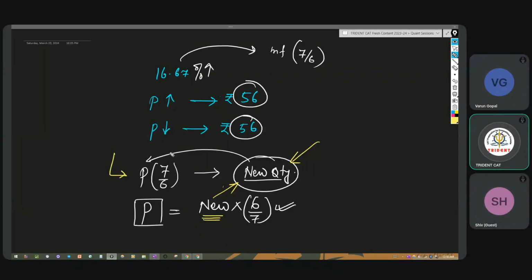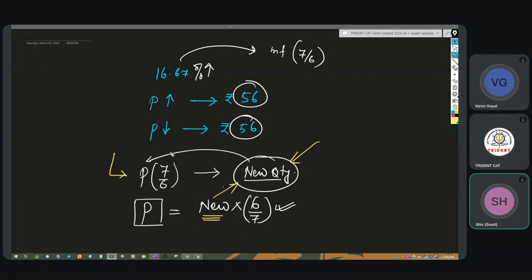No, sir, but what I am a bit confused about is, the original formula which we learned about the AB rule was price into quantity is equal to the new quantity. But here the price increase is 7 by 6.